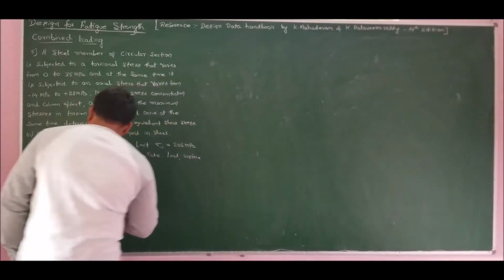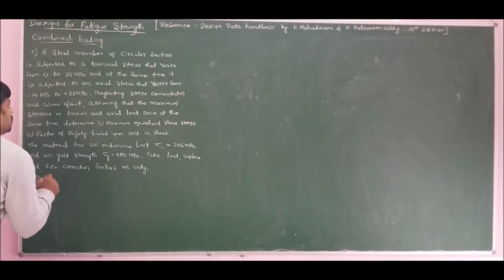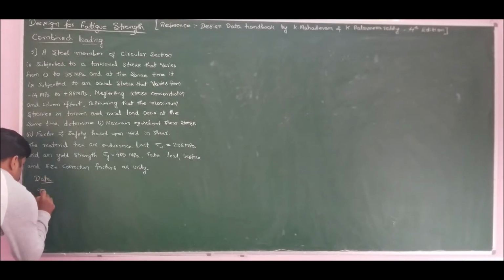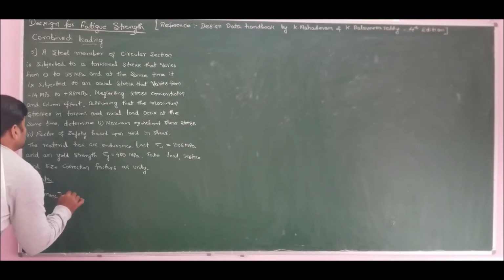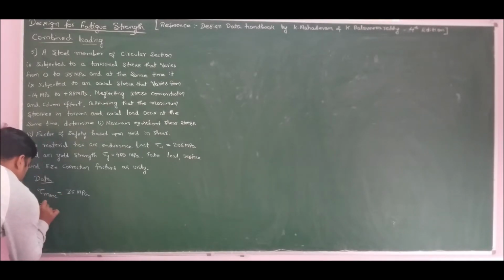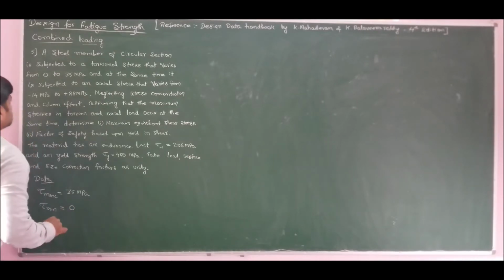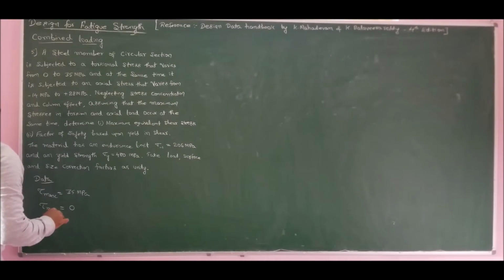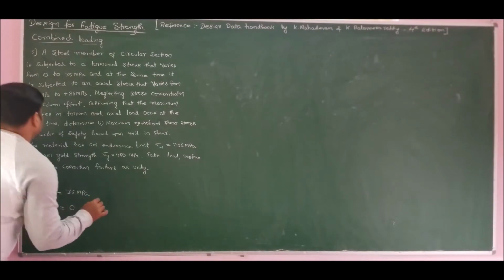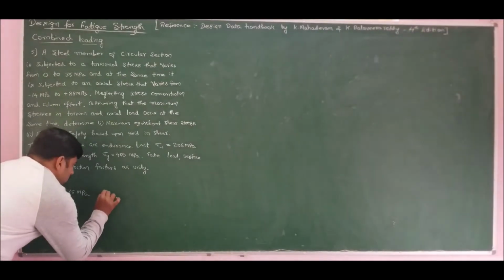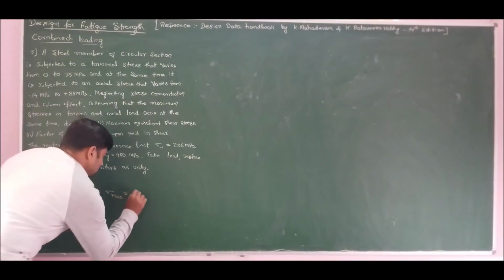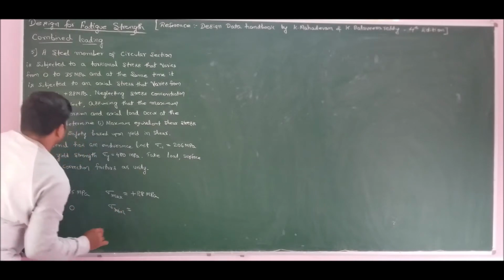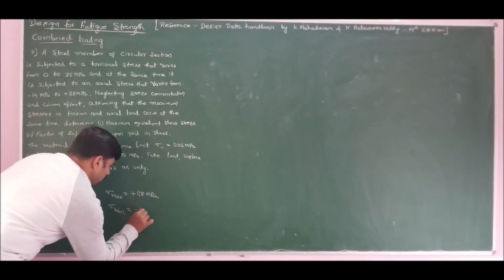If I note down the data, we have maximum torsional stress, tau max, given as 35 megapascals. Minimum torsional stress is 0. At the same time, it is subjected to axial loading, so we have sigma max as plus 28 megapascals and sigma minimum as minus 14 megapascals.